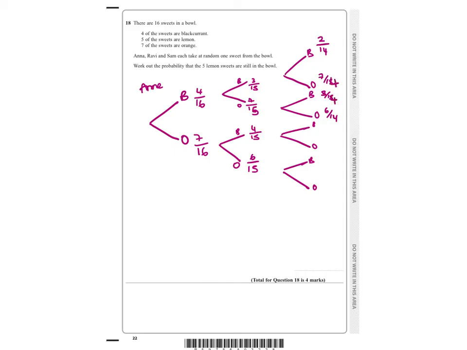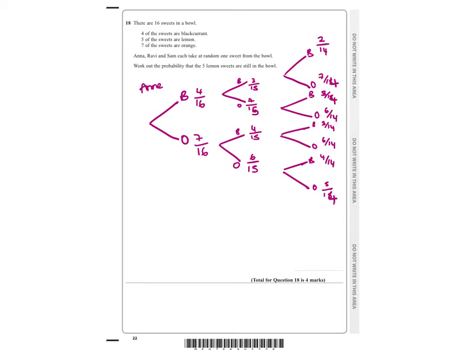Okay, then if Anna takes an orange, Ravi takes a blackcurrant, it's 3 out of 14 left for Sam. If we take an orange, a blackcurrant, 6 out of 14. An orange, a blackcurrant, we still have 4. An orange, and then an orange is going to be 5 left out of 14.